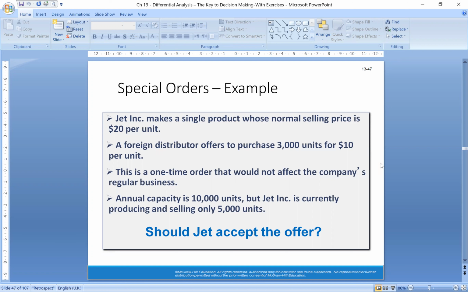Our annual capacity is 10,000. We are producing now 5,000. So if we accept the 3,000, we are still within our capacity, which is 10,000. Should the company accept the offer or reject it?